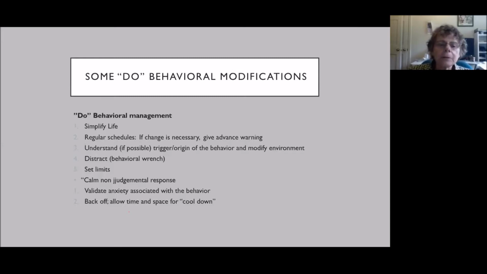Setting limits on the behavior can be helpful. Another patient who was in an adult family home had a cell phone and called her husband every hour, interfering with his work. And if he didn't answer, she would be very upset.